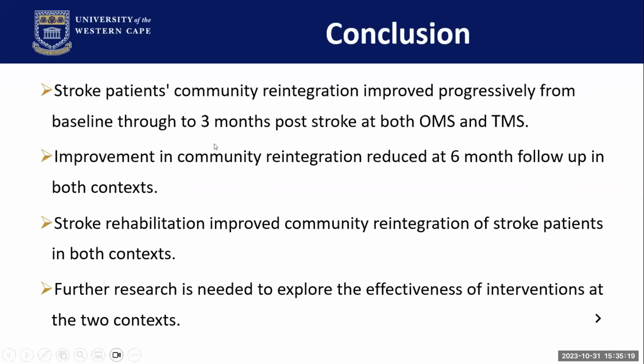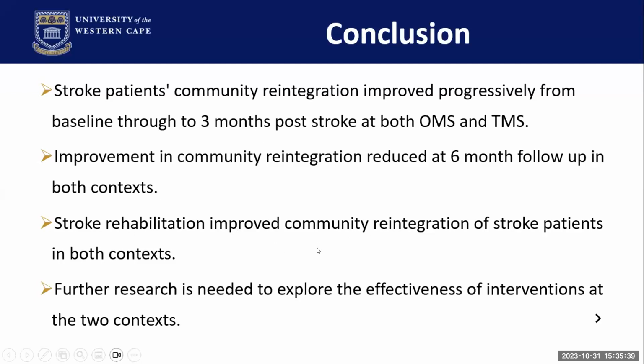So in conclusion, stroke patients' community reintegration improved progressively from baseline through to the 3 months follow-up period, both at the orthodox and the traditional medicine setting. And then the improvement also reduced at the 6 months follow-up period in both contexts.